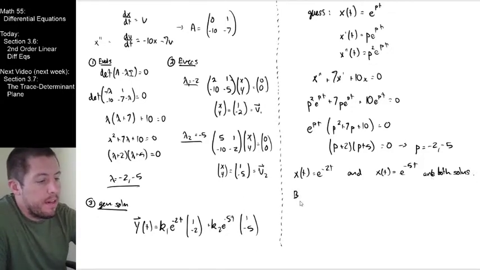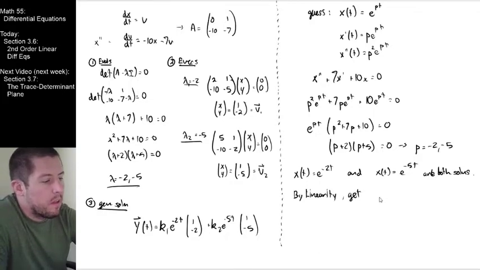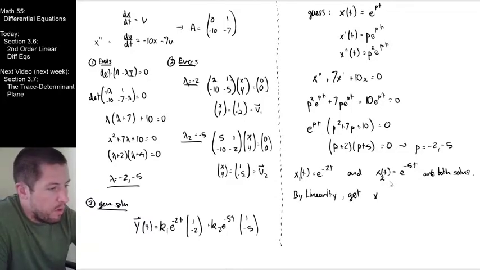And then by the linearity principle, I'm going to call this x1 of t and x2 of t. By the linearity principle, we're going to get a general x of t to be k1 e to the -2t plus k2 e to the -5t.